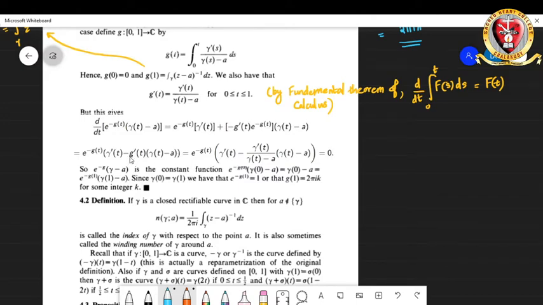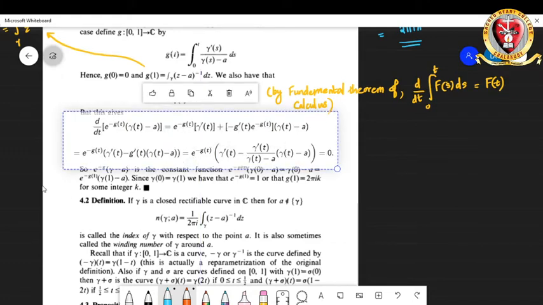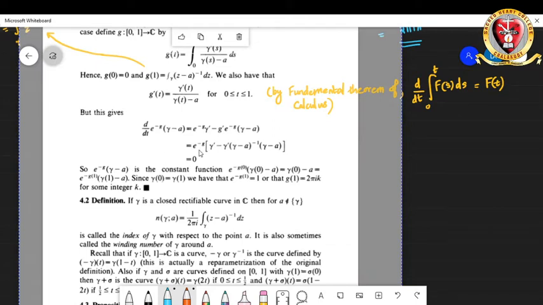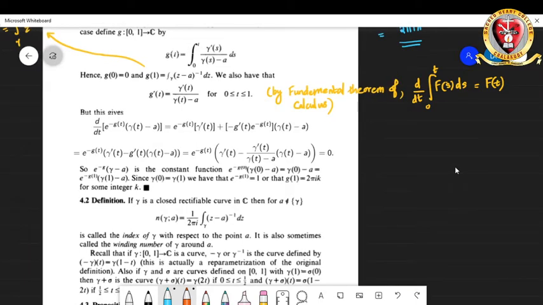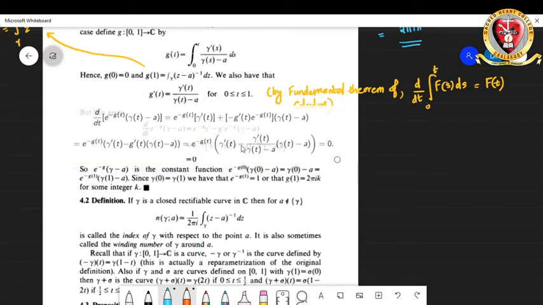Substitute, instead of g dash of t, the value which we got earlier, then this will cancel out and what you get is 0. That means e raised to minus g into gamma minus a is a constant function. So that is an observation there.